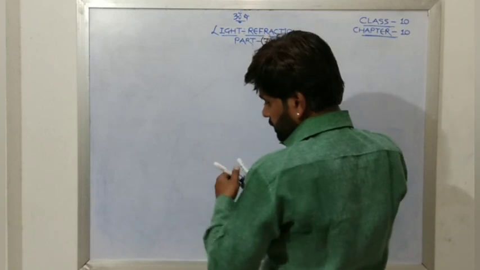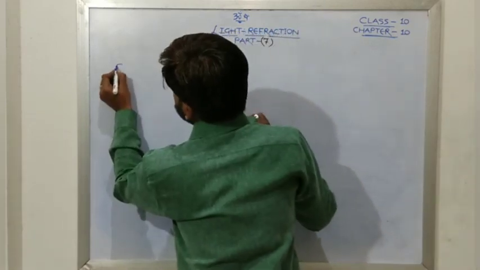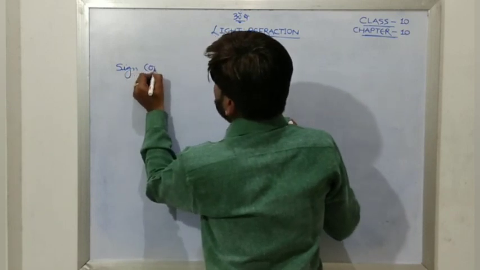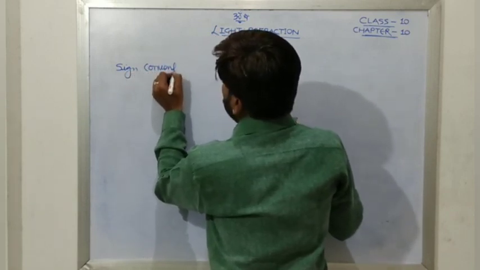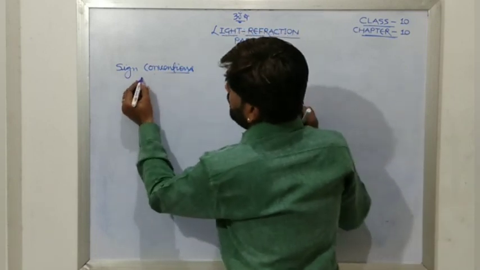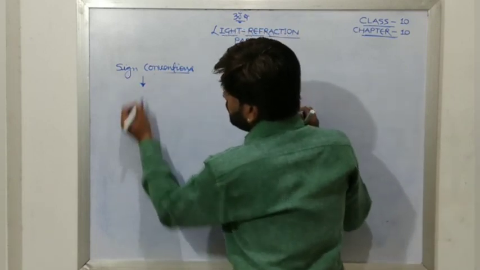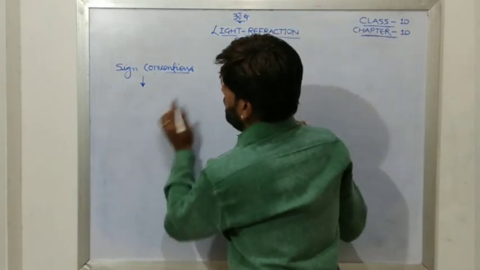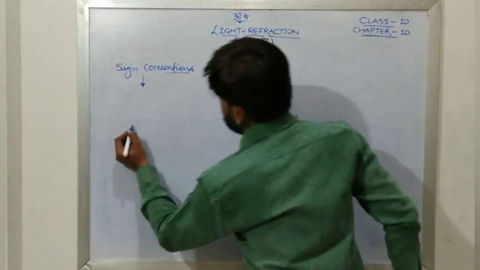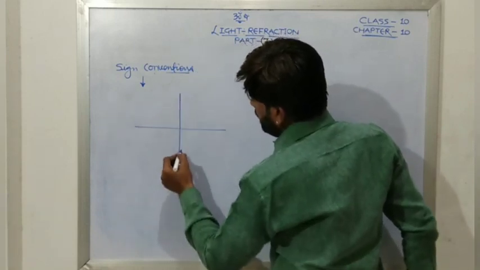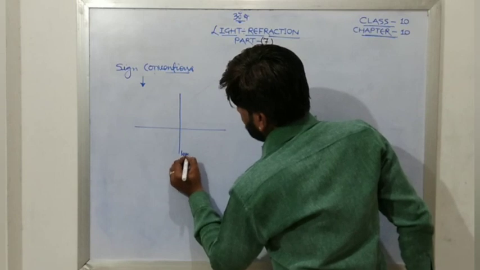Now sign conventions are similar to those of mirrors, in lenses. Let us discuss. For any type of lens, suppose here we have a lens.